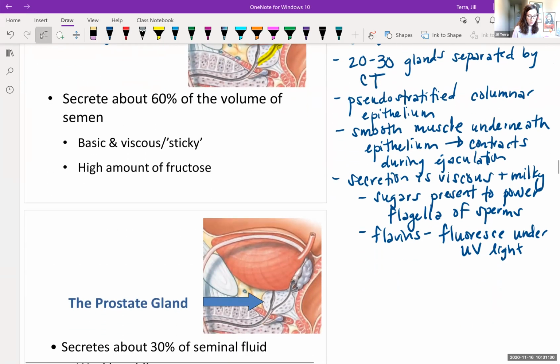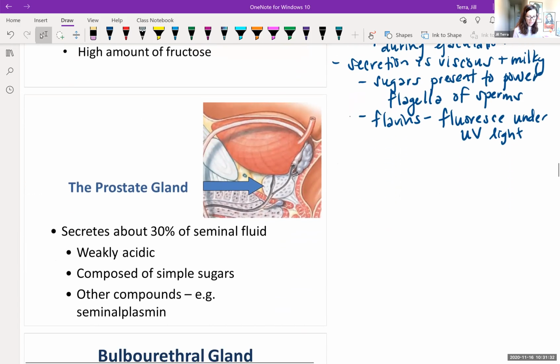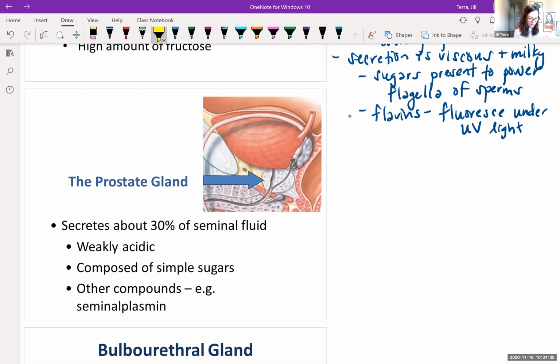Okay, so the next gland we're going to look at is the prostate gland, which sits inferior to the bladder. It's this round structure, and we see that it has embedded within it the ejaculatory duct, as well as the prostatic urethra, right? This gland also contains a number of its own individual glands, somewhere around 50.